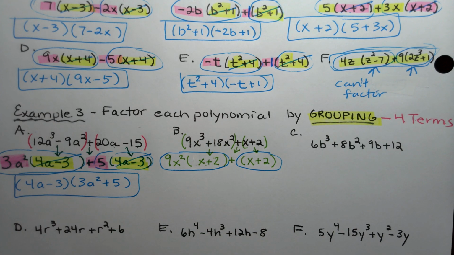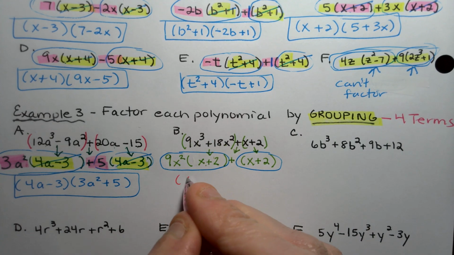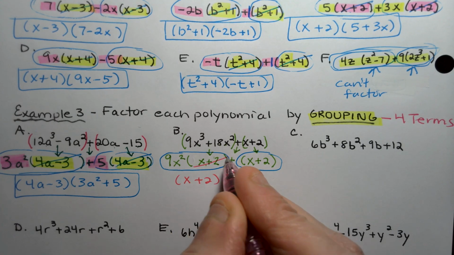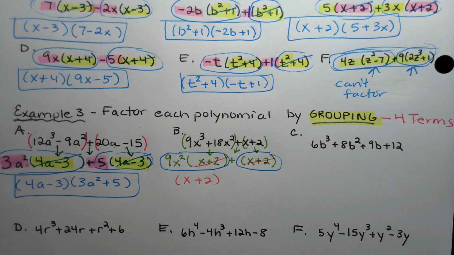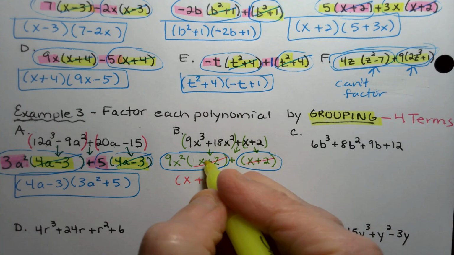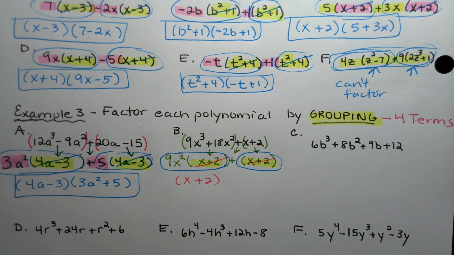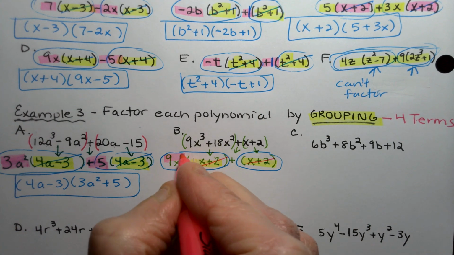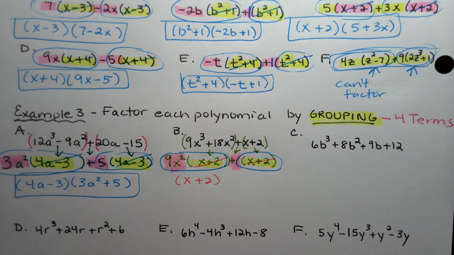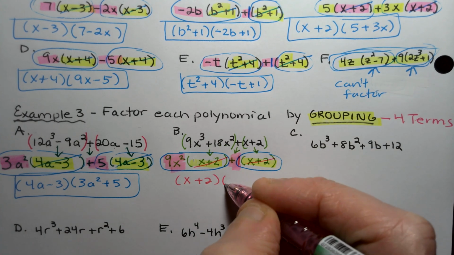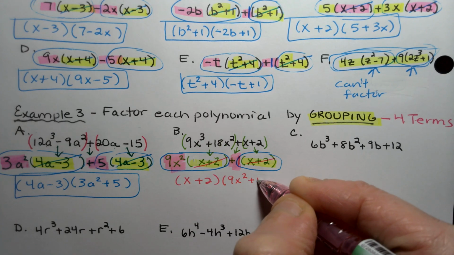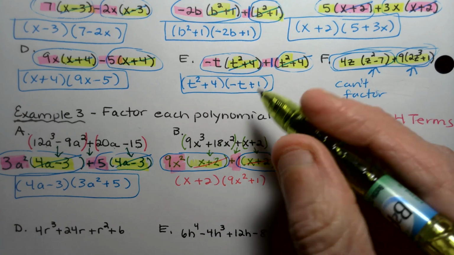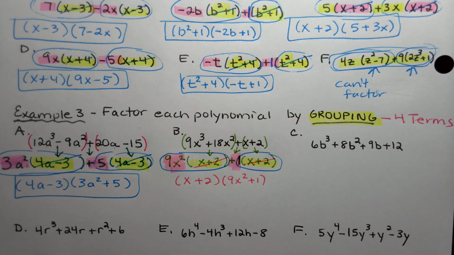They're both x plus 2. So take the x plus 2 out front, cross it off. Now we see what's left. It's never just 1. 9x squared plus what? What should be after that plus sign? That's right, a 1. So 9x squared plus 1.